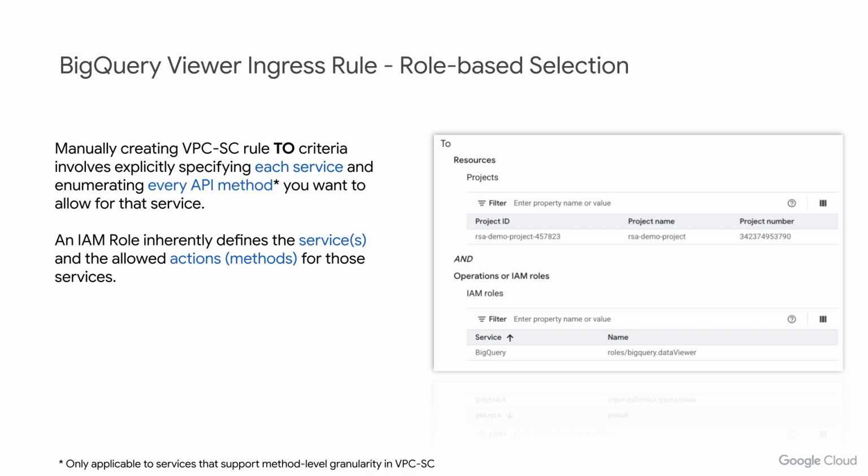Now there's a few key points I want to call out here. First, this is still just telling VPCSC the same thing that the manually created rule did earlier. It's essentially telling VPCSC, hey, for traffic matching this rule, only allow operations whose required permissions are a subset of the permissions granted in this IAM role.